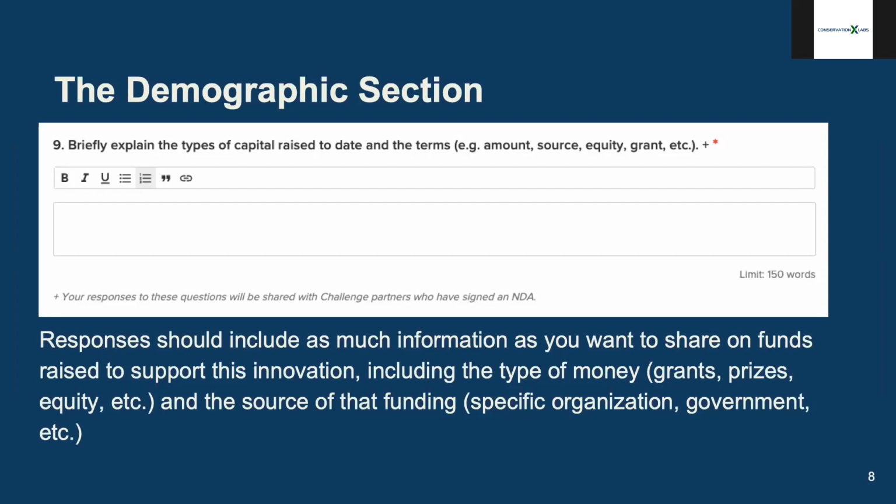And again, this is something where we would share some of this information with the partners in the challenge. Now, I noticed that there's a question in here about understanding who the challenge partners are. I don't have a slide in this presentation with all of our partners, but in the application itself, you can link and it'll take you to our website so that you can see all of the partners who are participating in the challenge.